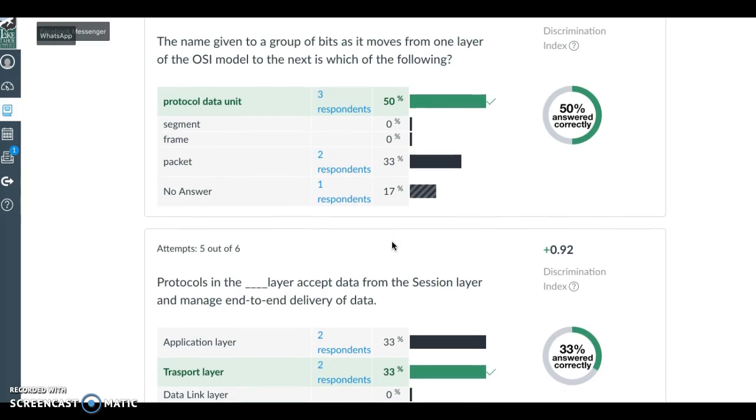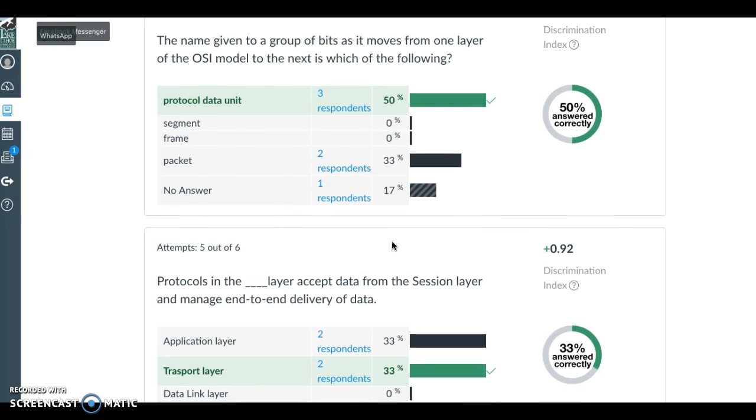The name of the group of bits as it moves from one layer of the OSI to the next is which of the following, and that should have been a protocol data unit. It's discussed in your book, and so many of you are used to things like packets and segments, but protocol data units associate with the layers.